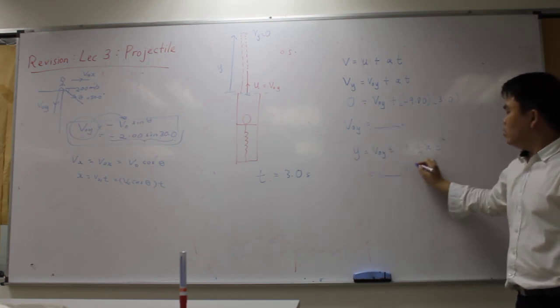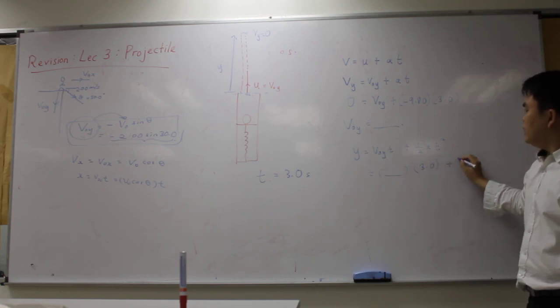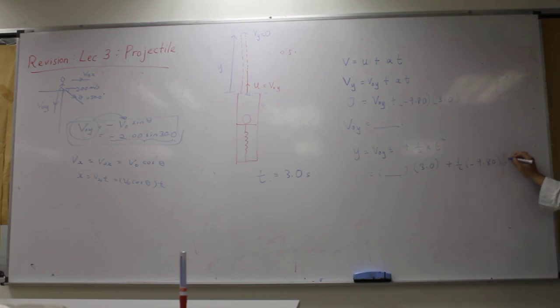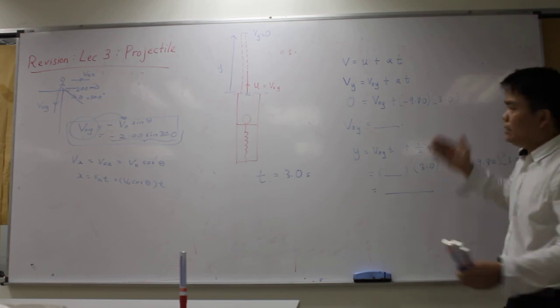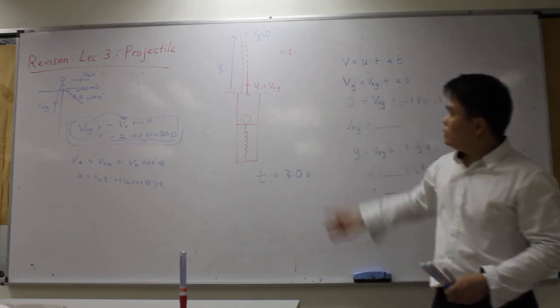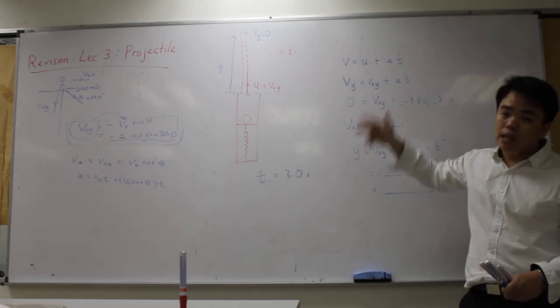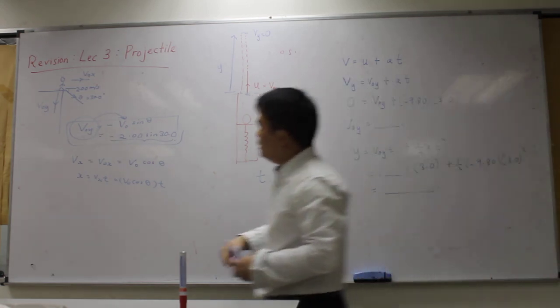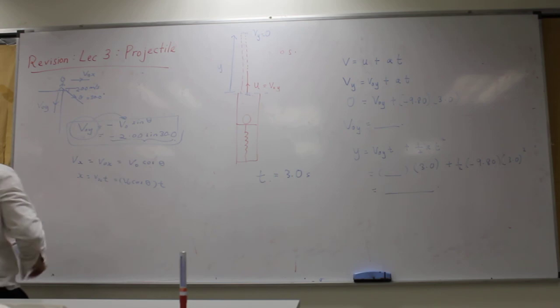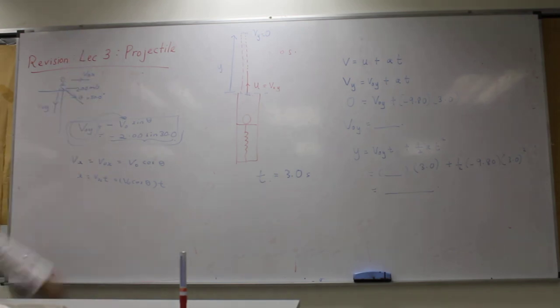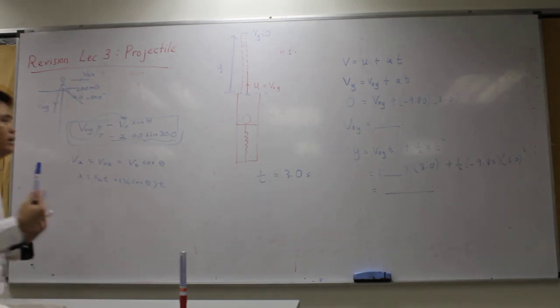So put in 3 seconds plus half times negative 9.80 times 3 seconds squared, and we can get the value of y. So these are all about the analysis of projectiles, whether thrown upward or downward, that means vertical, and whether thrown horizontally or at a certain angle with respect to the horizontal direction.